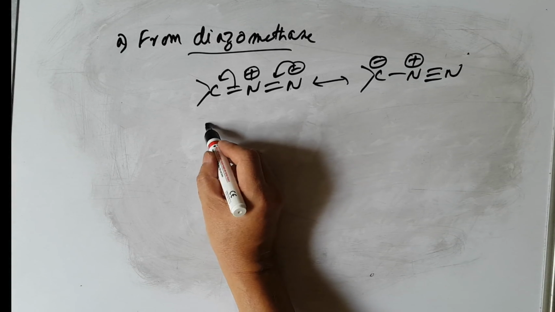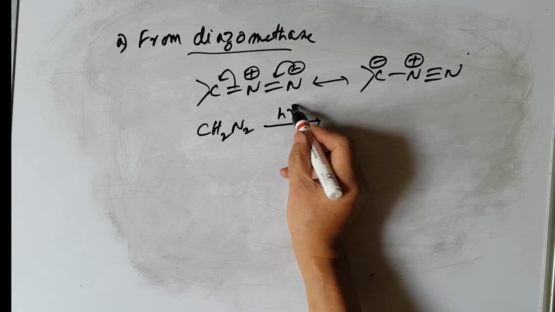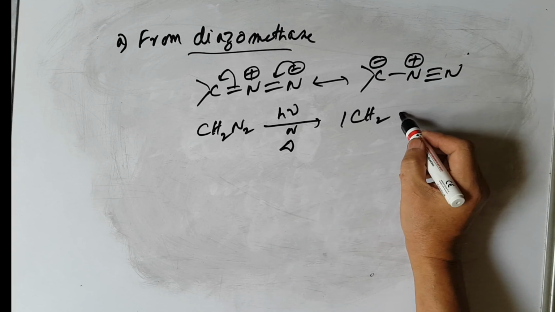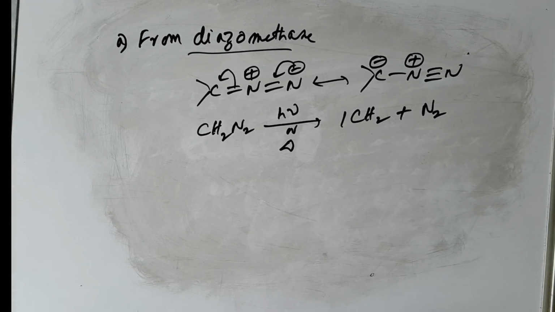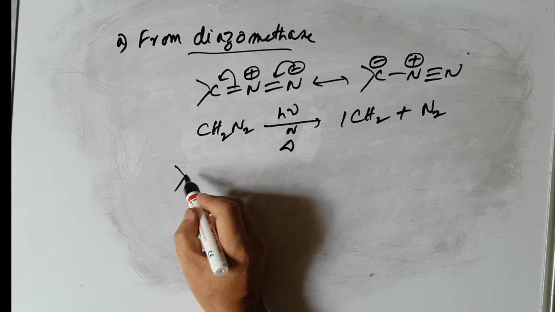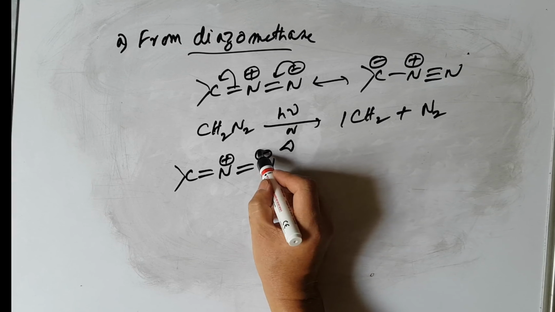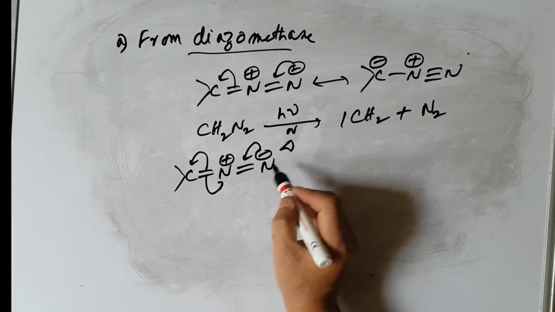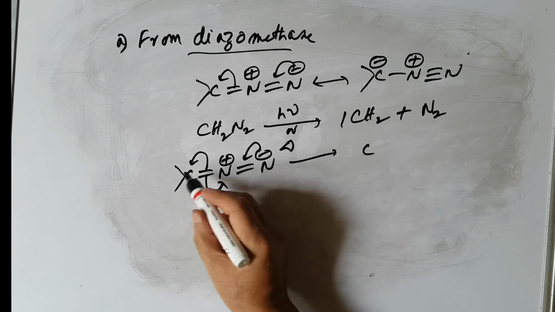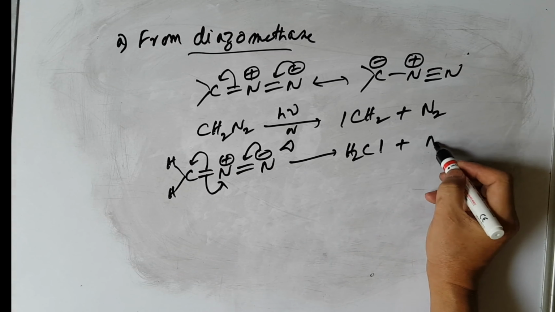You can write CH2N2, this is diazomethane. With heat, photolysis or thermolysis, you get the carbene plus nitrogen. The general mechanism is like this. You can write it this way or like this, and you get H2C plus nitrogen.